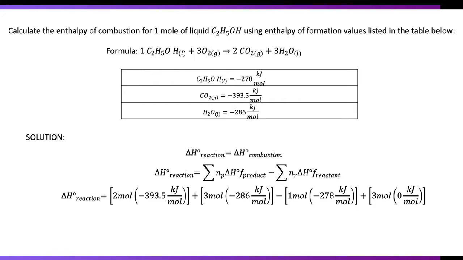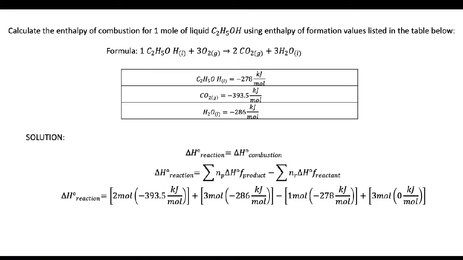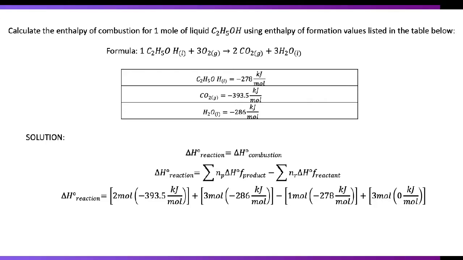So we place 0 as the value for oxygen. So our answer for the enthalpy change of reaction is negative 365 kilojoules. And the same value will be our answer for the enthalpy change of combustion.